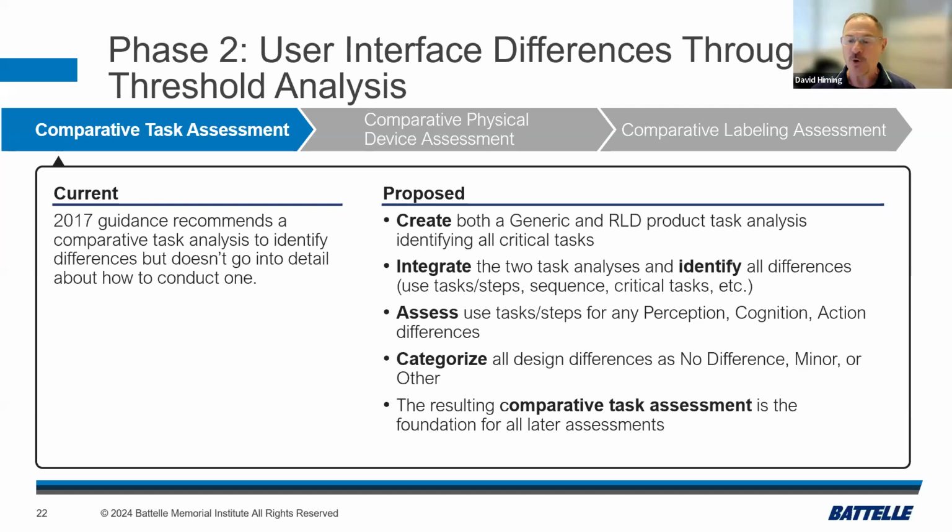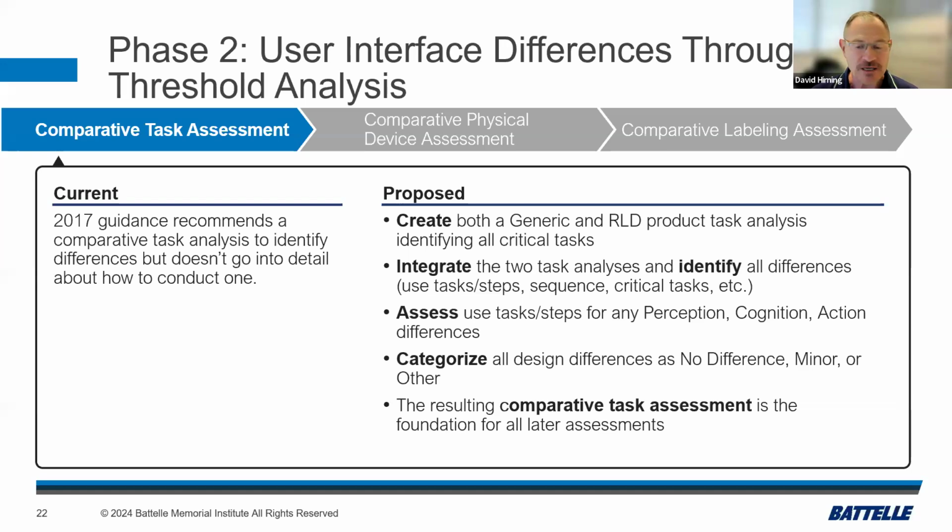Each use step or use task is evaluated using the perception, cognition, and action model to further identify any design differences. And then at the end, we'll categorize each one of those differences as no design difference, minor design difference, or other design differences.